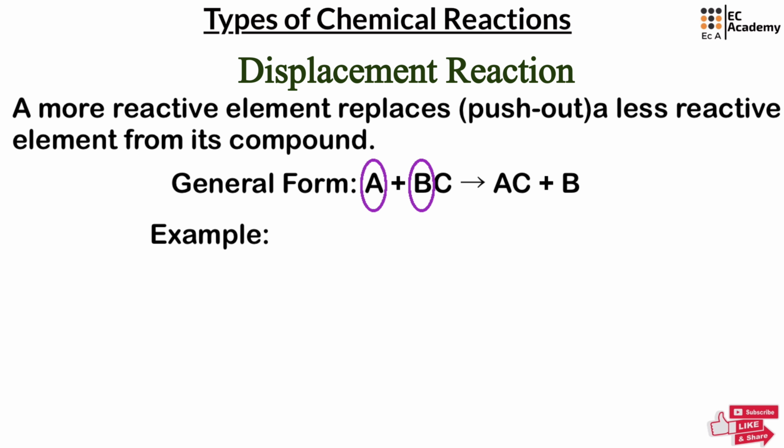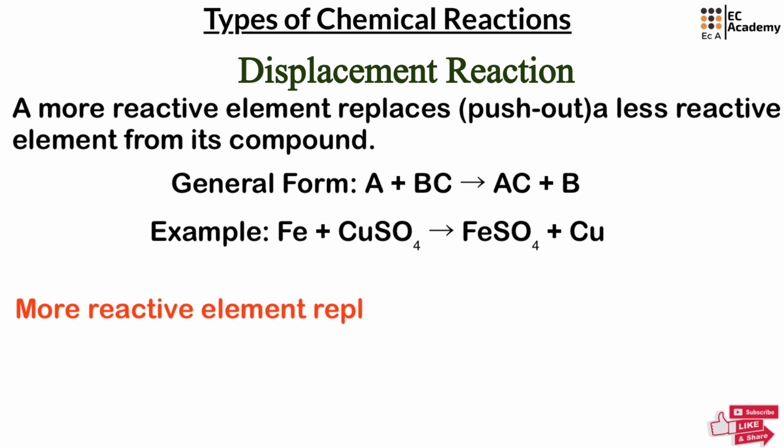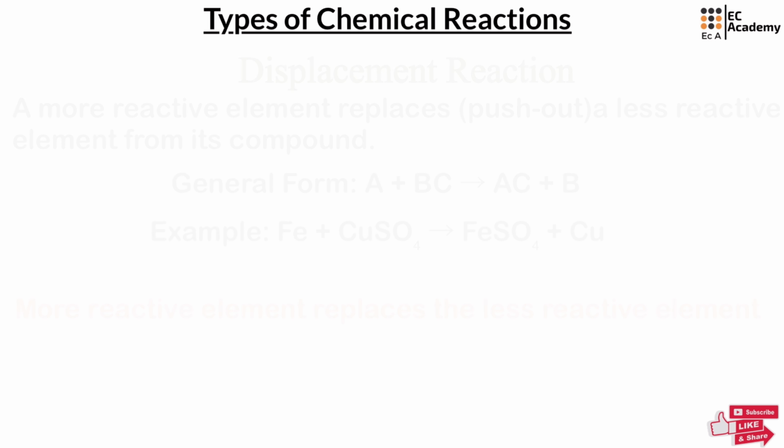For example, iron reacts with copper sulfate. Here iron is more reactive than copper. So iron pushes copper out of the compound. So finally we get iron sulfate and copper. So you need to remember, a more reactive element displaces the less reactive one.